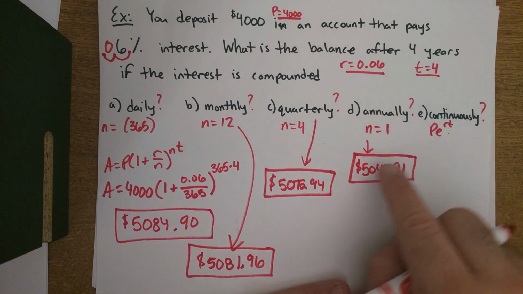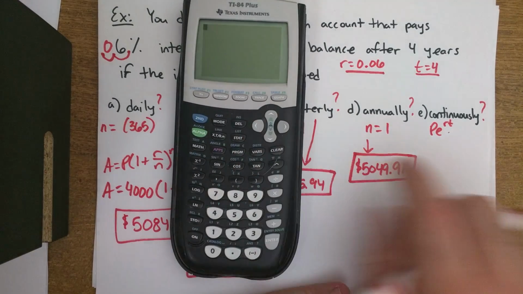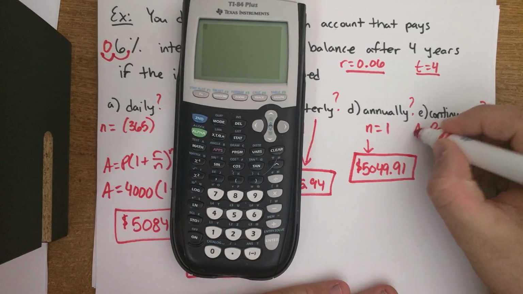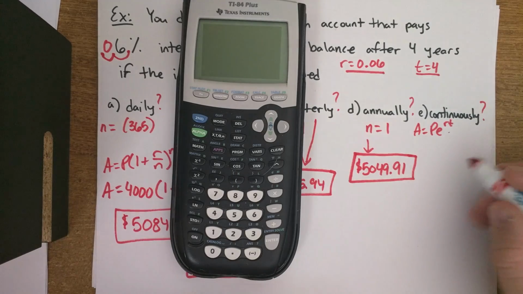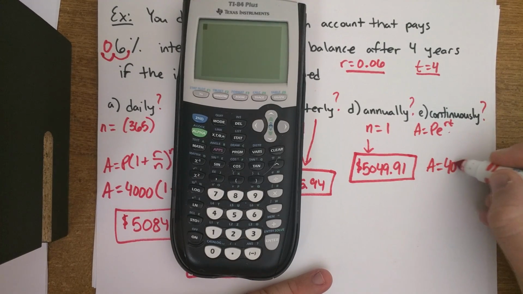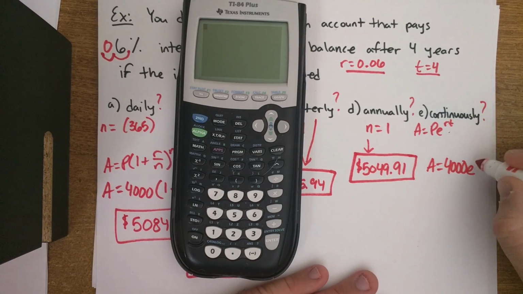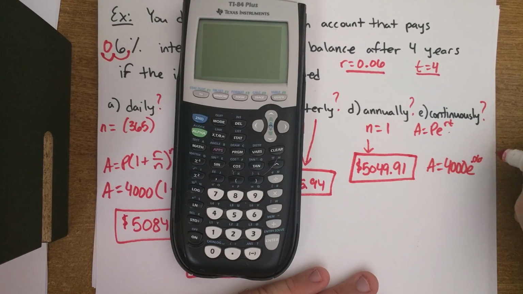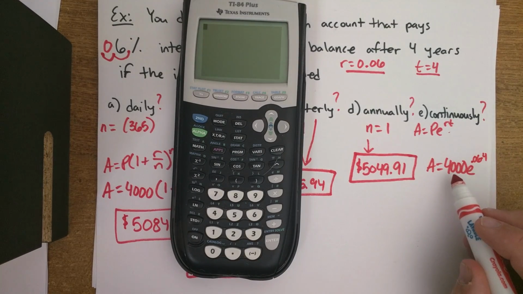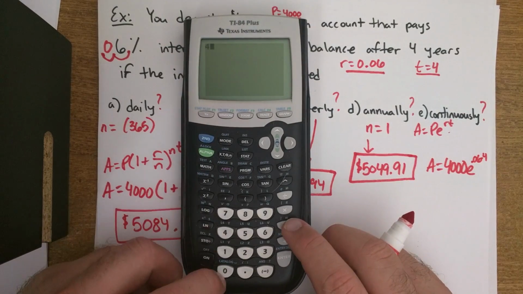Now, we're not using the same formula though, so I don't need to keep this in the calculator anymore. We're using the other formula, the A equals PERT formula. So that means P is 4,000. We're going to use e raised to the rt, which is 0.06 times 4. Because PERT. And you can plug this all in one shot as well.